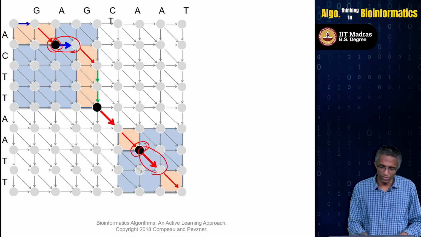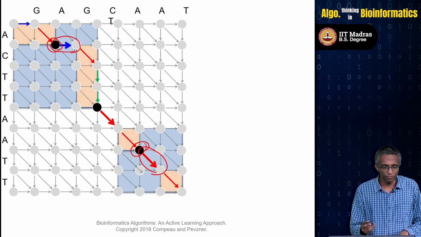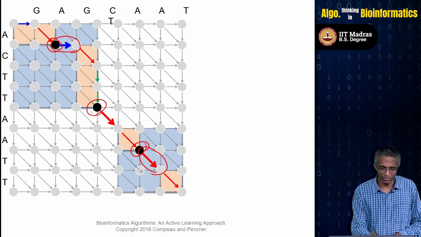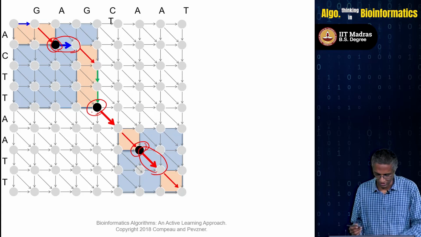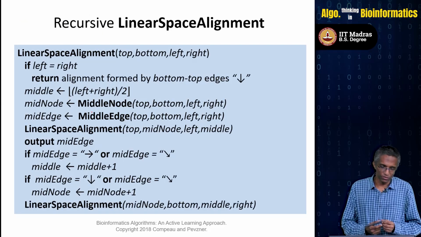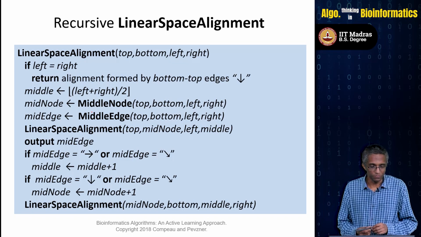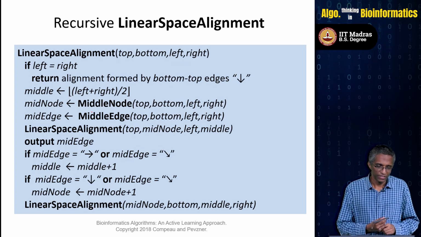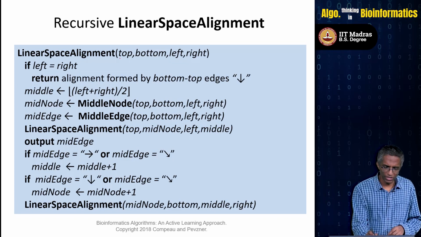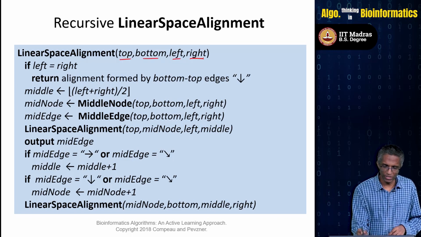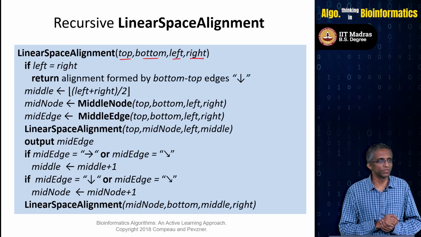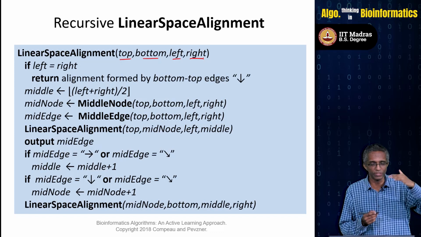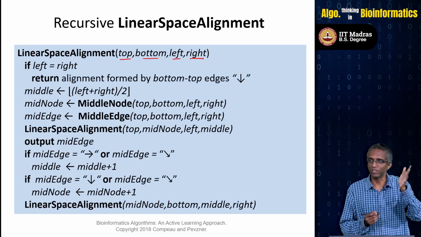And this has a similar flavor as the linear space algorithm that we figured out for finding just the middle node. Okay, so without going into too many illustrations, the full algorithm is given here. You have these 4 values that tell you the coordinates of the subproblem you are looking at: the top and bottom rows and the indices of the left and right columns.